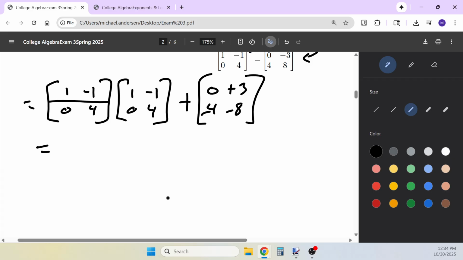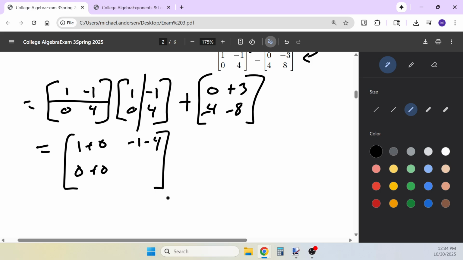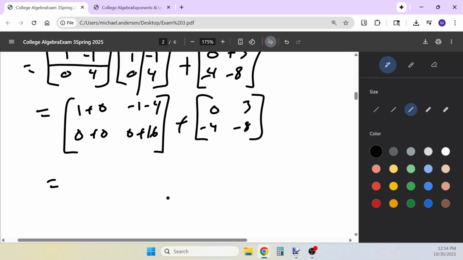Applying this, we're left with 0, 0. Then negative 1 minus 4 is negative 5, plus 3, and 0.